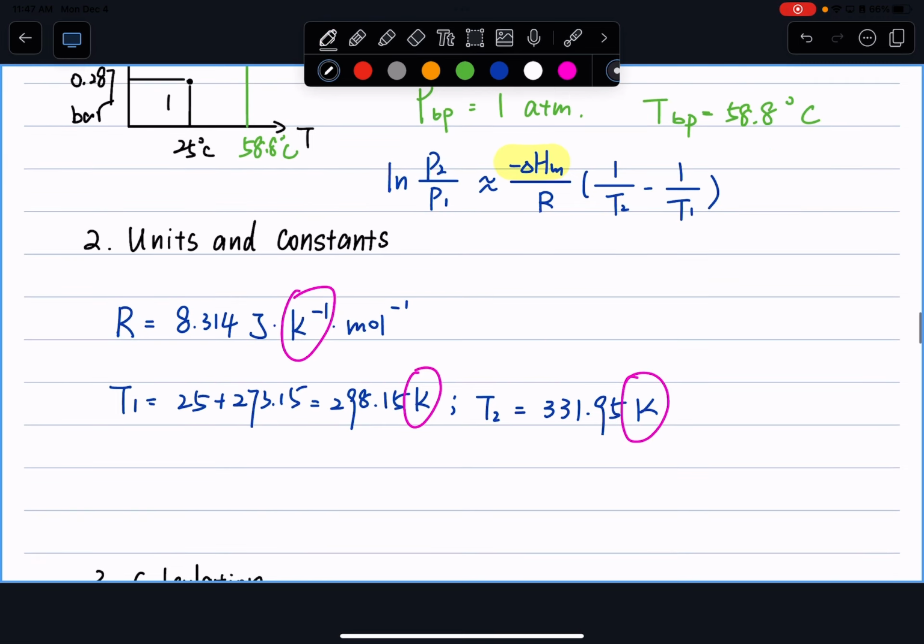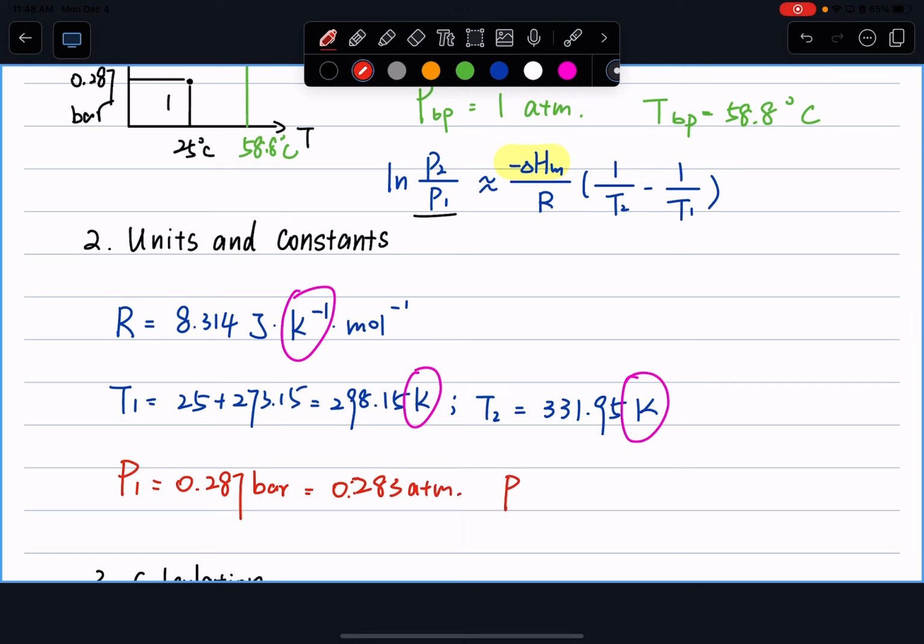Likewise, for pressure, it doesn't matter which one you convert to, just make sure the unit is the same because you have P2 over P1, right? So naturally you want them to cancel out with each other. So here we'll just write P1 equals 0.287 bar, which is 0.283 atm.